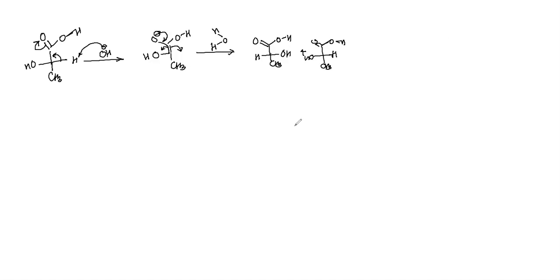So treatment with a base will tautomerize and will form the DL mixture. And there is equal possibility of protonating on this side. This is what is called racemization.